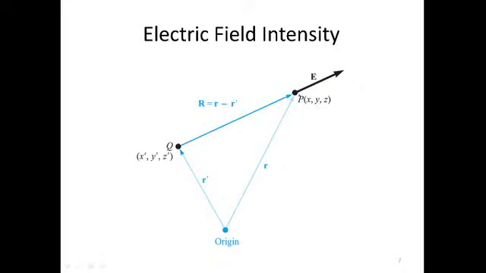Now this field point P is r distance away from the location of the source charge, which can be computed using the vectors r dash and r in small casing. This is the electric field intensity, and for both like charges, the magnitude of the source charge will of course be greater than that of the test charge, so it will be directed away.